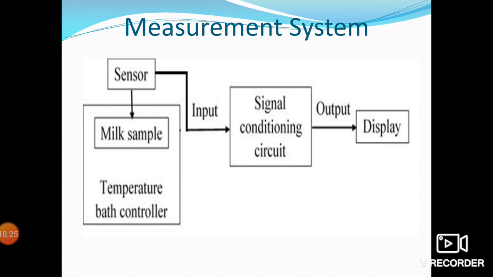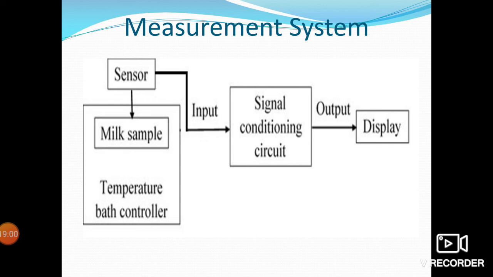For example, with a thermocouple, a small EMF is there. That small EMF is the input to the signal conditioning unit, which may be an amplifier, one which amplifies that signal and gives the output. The basic intention of using an amplifier is to get a bigger signal, and it acts like a signal conditioning circuit. So we call the amplifier a signal conditioner.